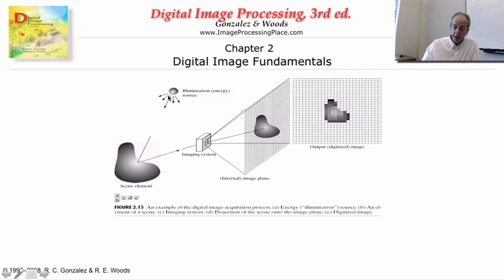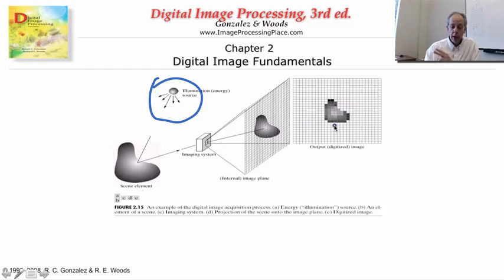So we see here the light is reflected from the object, and it goes into the sensing device. Think about your digital cameras. So this is a blown-up view of what we have back here. The object is in continuous space, everything is continuous, but we actually get a discrete representation of that object.